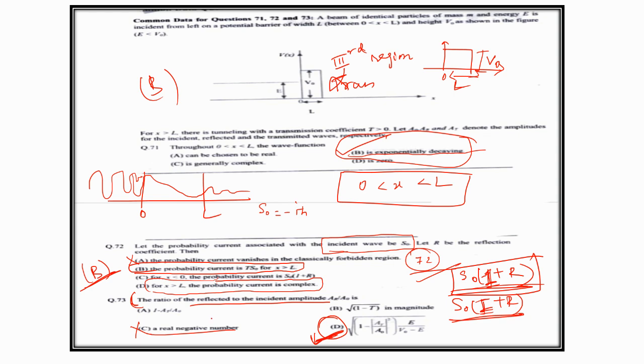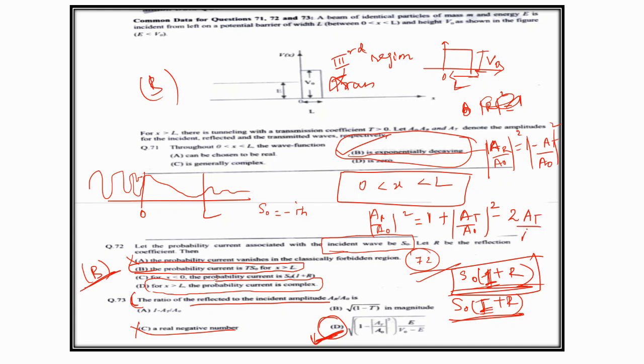AT by A naught. 1 minus AT by A naught means reflection square is equals to 1 minus, if suppose I am doing it, AR by A naught is equals to 1 minus AT by A naught. If I am squaring both the sides, that means AR by A naught square is equals to 1 plus AT by A naught square minus 2 AT by A naught.